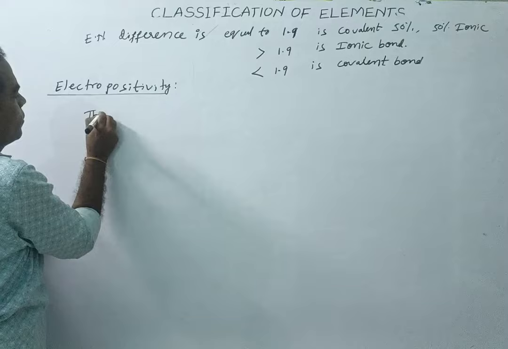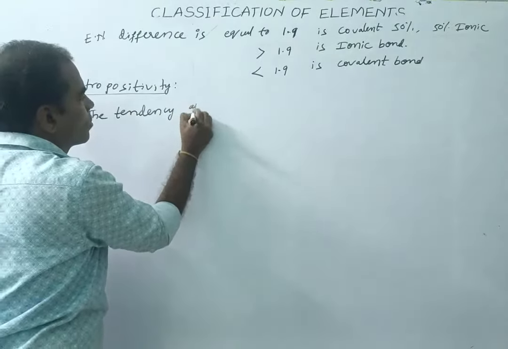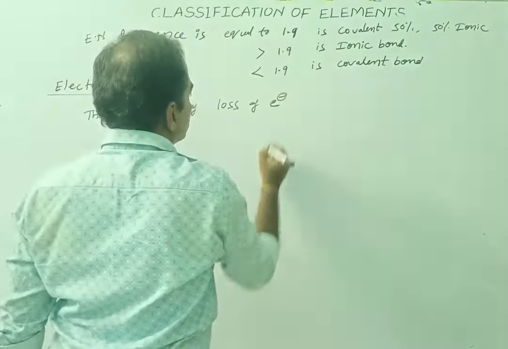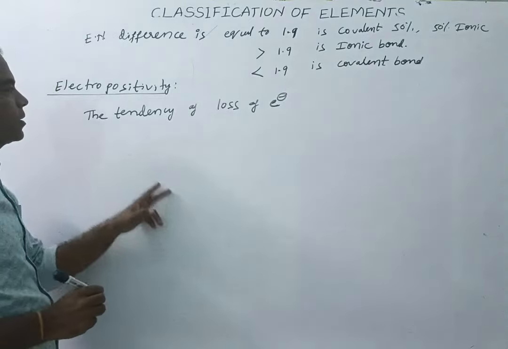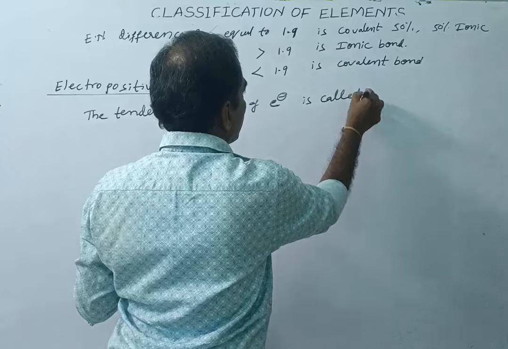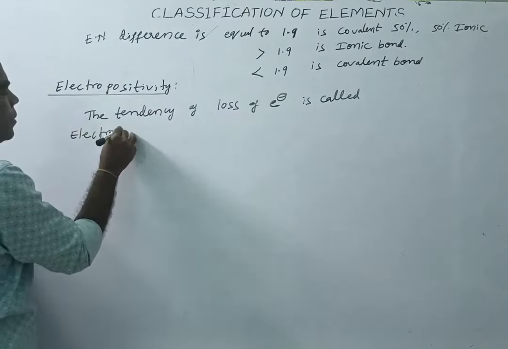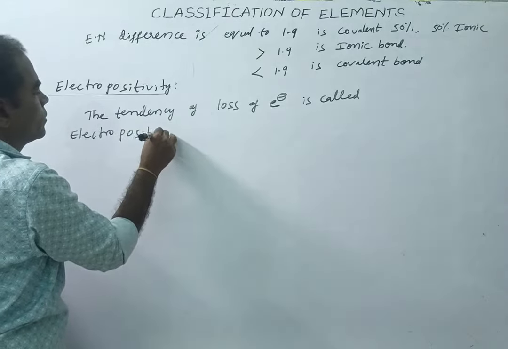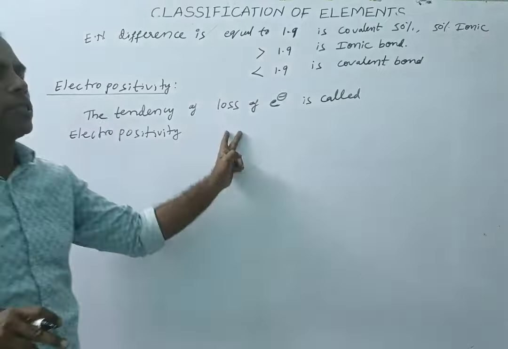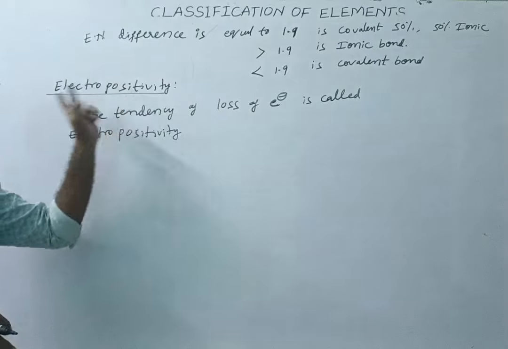The tendency of loss of electron, the electron-losing capacity, is called electropositivity. From a gaseous neutral atom, the electron is lost from its valence shell. That tendency is known as electropositivity.